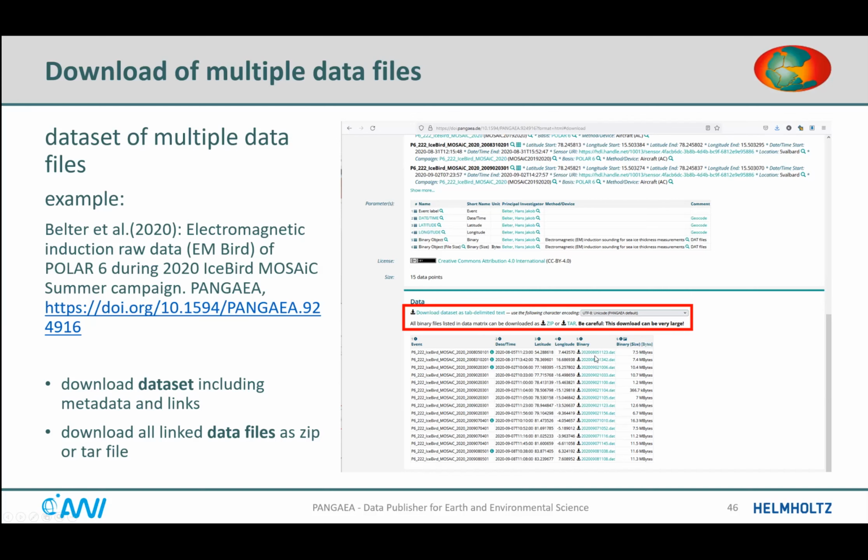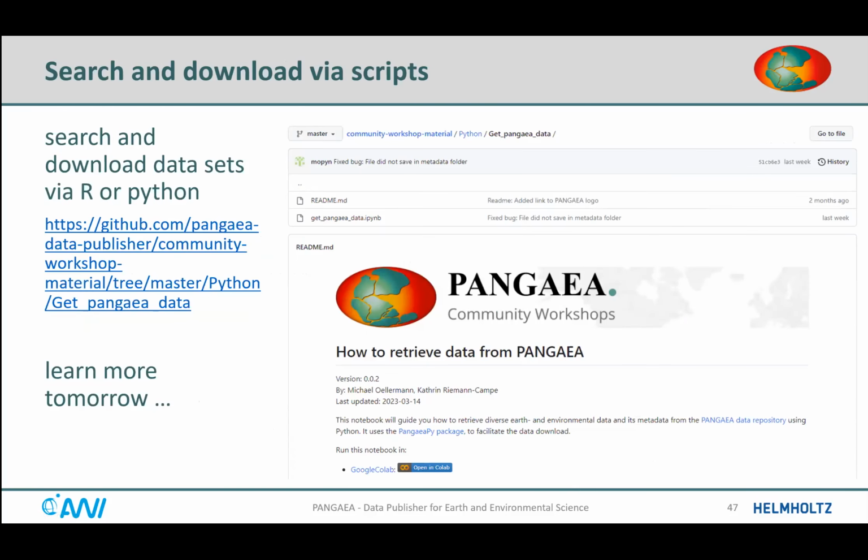But if you're interested in the actual data behind the links, then you can click below, and it says that you can get all the binary files, either as a zip or as a tar file. So you don't have to click individually, but can do it all at once. This is how to search and download using the PANGAEA webpage.